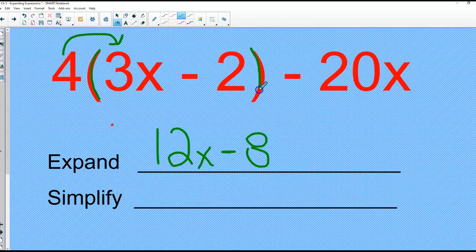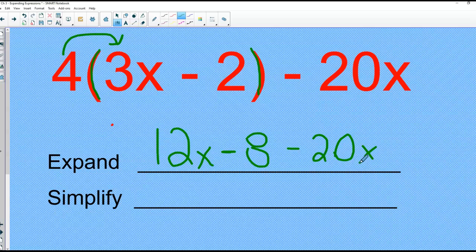It ends here. So the 4 is only multiplied by the stuff inside. Okay? Yes, I have this minus 20x at the end, but it's not inside the parentheses. So do not multiply it by 4. What we do with this is we just bring it along. So we're just going to rewrite minus 20x.